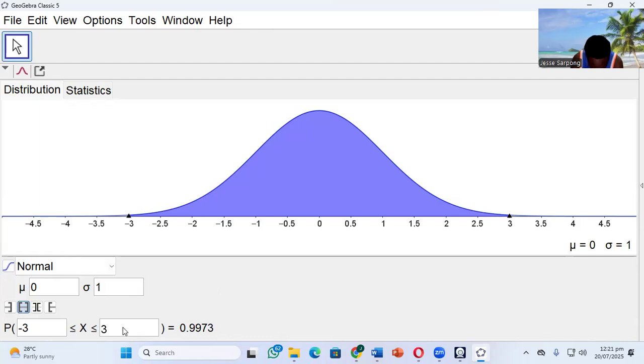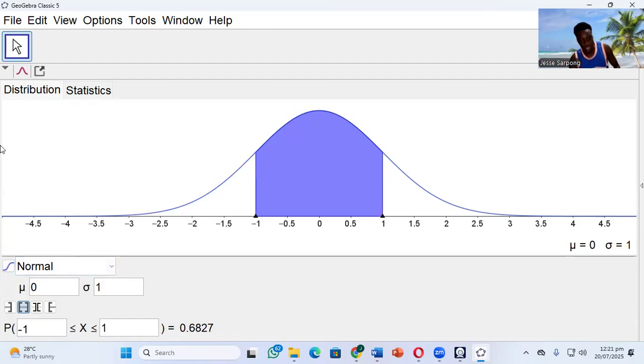That's where the probability is, around this side. So we can go back to its original one.